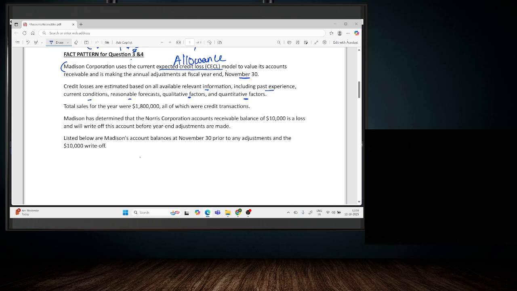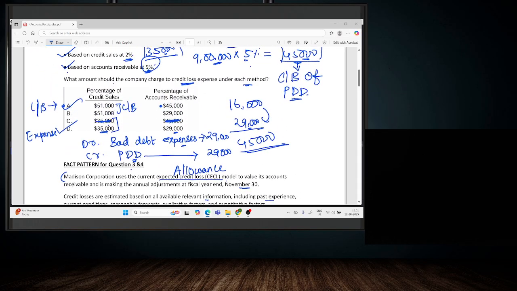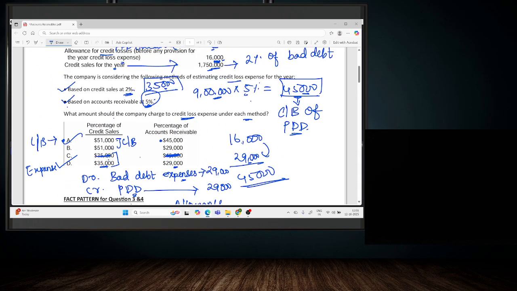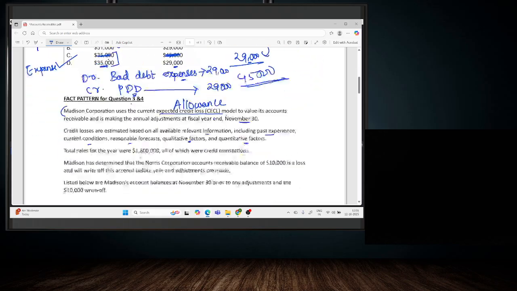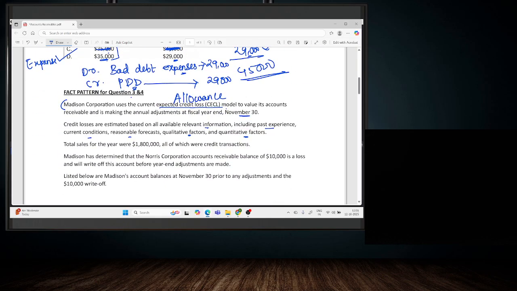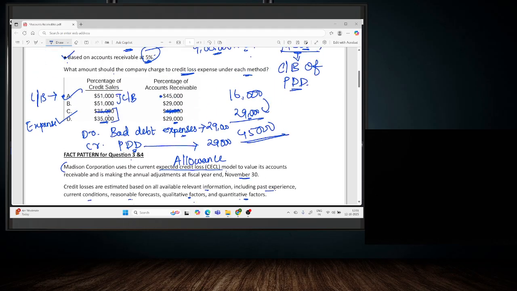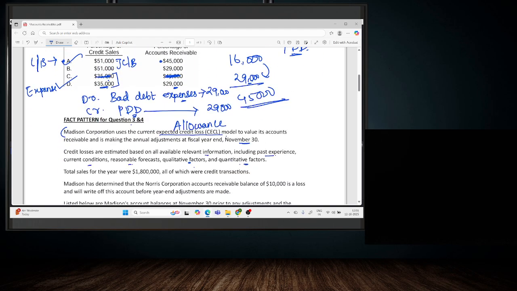So basically what they are saying is, we are arriving at these percentages, 2%, 5%. How did we arrive at these percentages? It is based on past experience, current conditions, reasonable forecasts, qualitative factors and quantitative factors. By taking all these factors into consideration, we are arriving at these percentages.